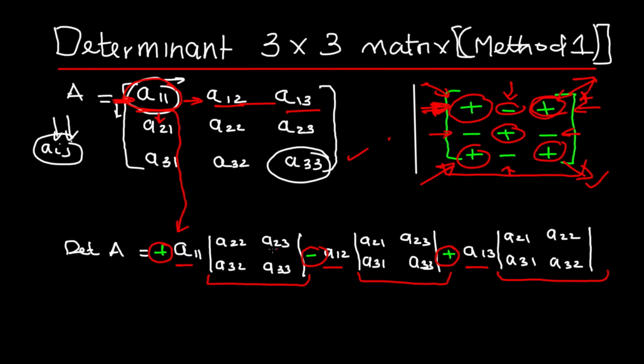What I pick to use here is only those terms that are not involved in the column and row of a11. So I take a11. I need to make sure that I ignore this, and that as well. Then whatever is remaining, which is going to be here, that is what I use here.